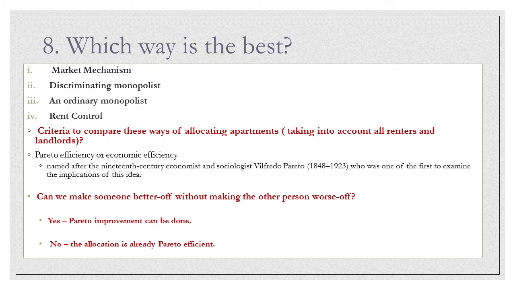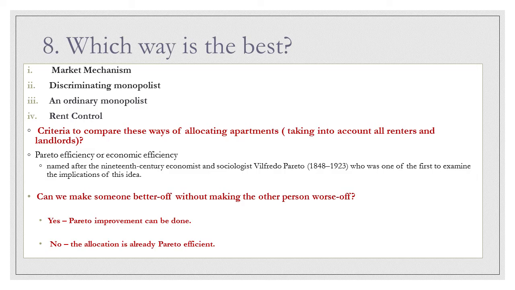This is one of the prominent contributions from him, which is called Pareto efficiency or economic efficiency. Now what does that mean? You ask yourself: is it possible to have an allocation to make a person better off without making the other person worse off?